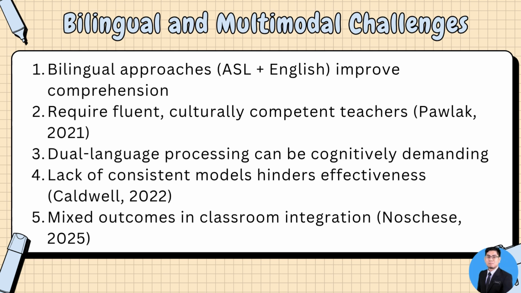He also states that inconsistent application of these strategies leads to poor outcomes. So while the model holds potential, proper training and clear frameworks are essential for it to succeed.